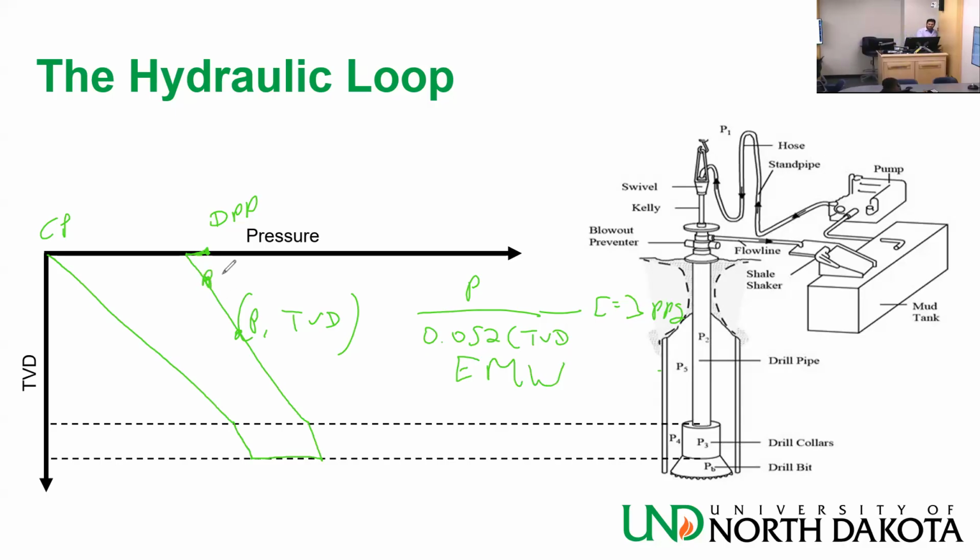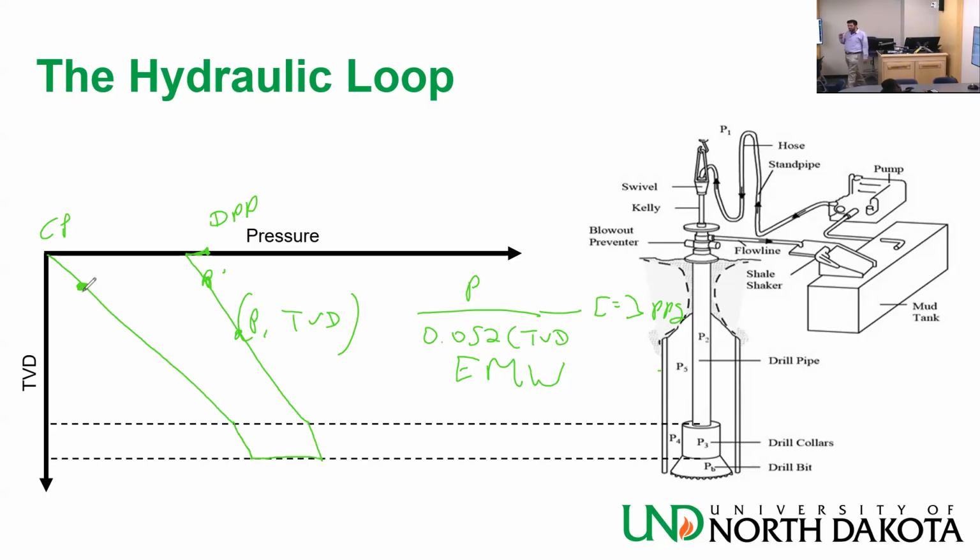You find the pressure here, and you find the depth there, and you convert that to density, and you're going to tell me the EMW at this depth inside the drill pipe is this much. And then on the other side, on the annulus side, at this depth again, the EMW is this much.